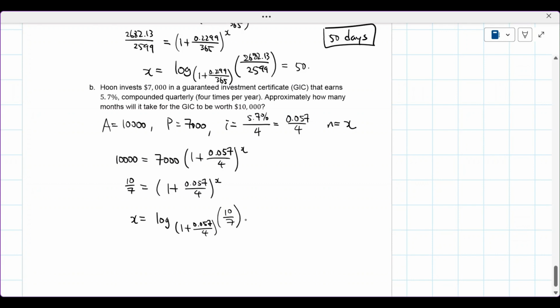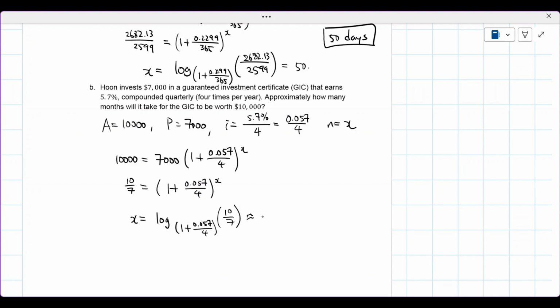So let's put that into the calculator: log of 10 divided by 7, over log of (1 plus 0.057 divided by 4).